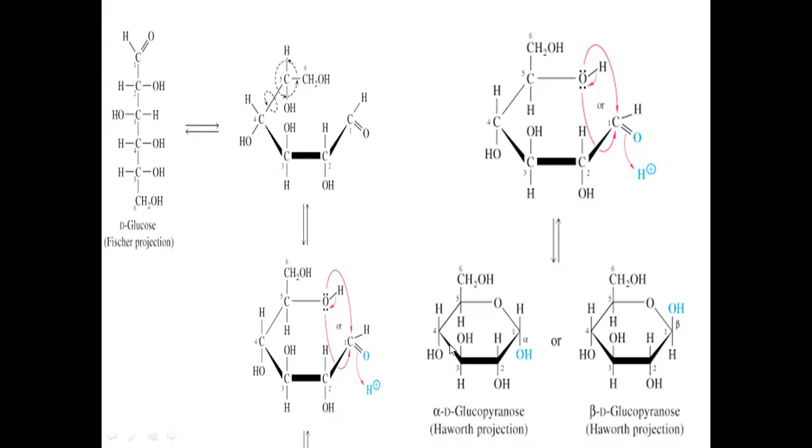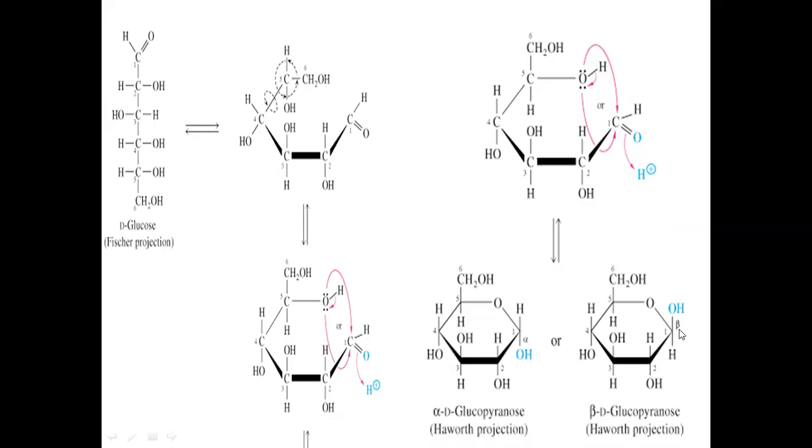Okay, so we said that galactose is a stereoisomer of glucose because when you look at the OH group at carbon number 4, the OH group in glucose is below the plane. Remember, whether it's alpha glucose, this is alpha glucose because the OH at carbon number 1 is below the plane.